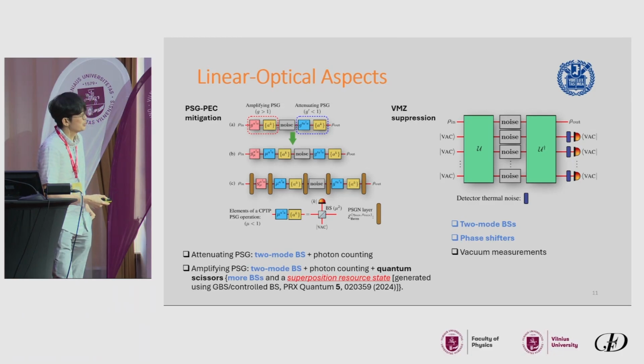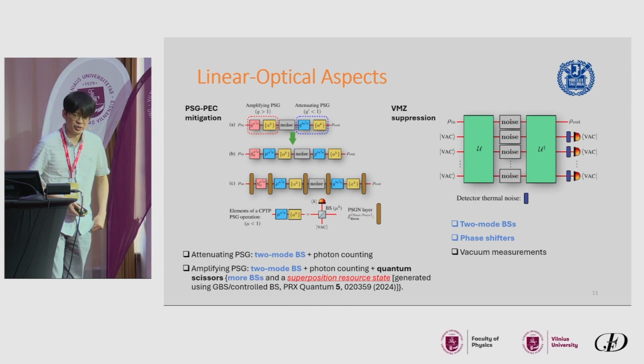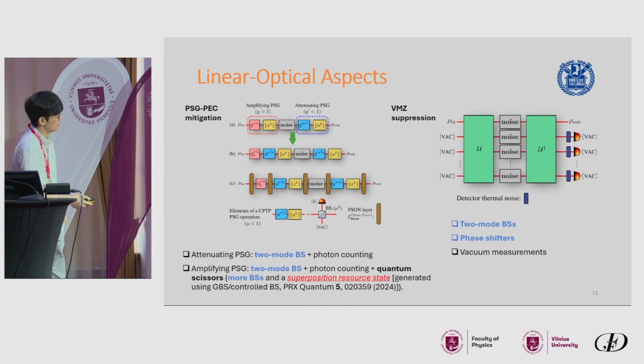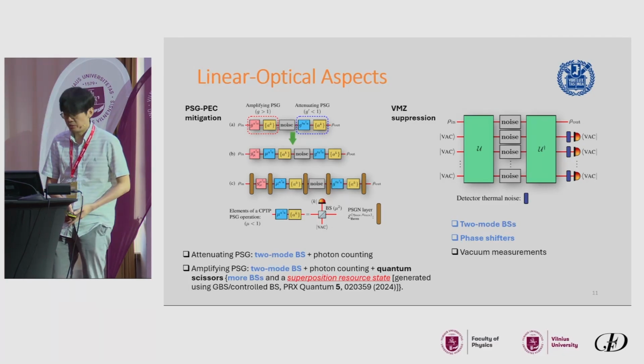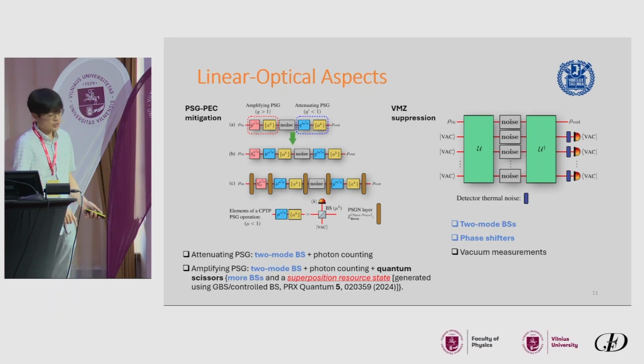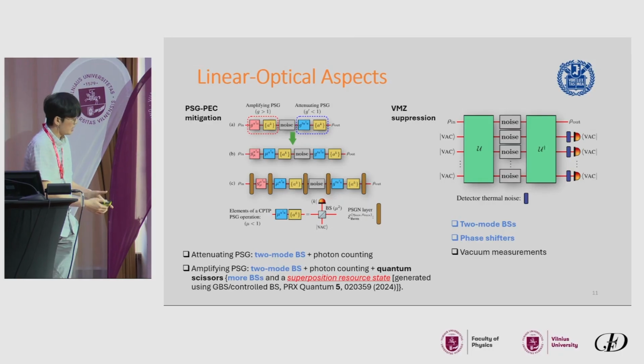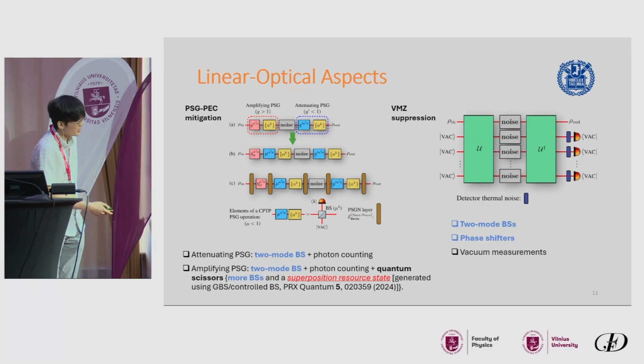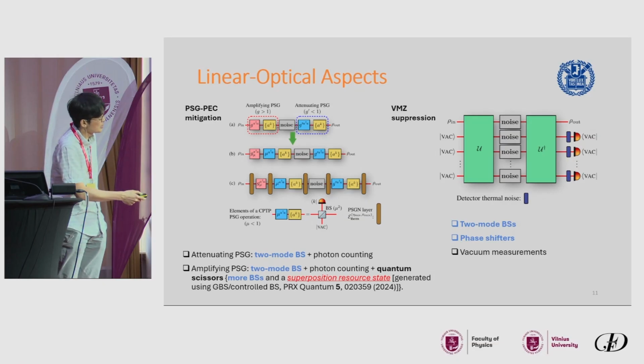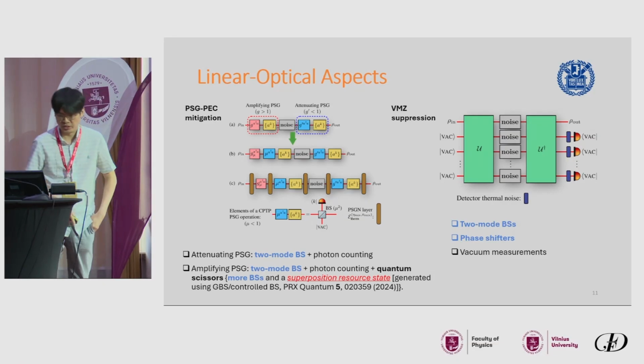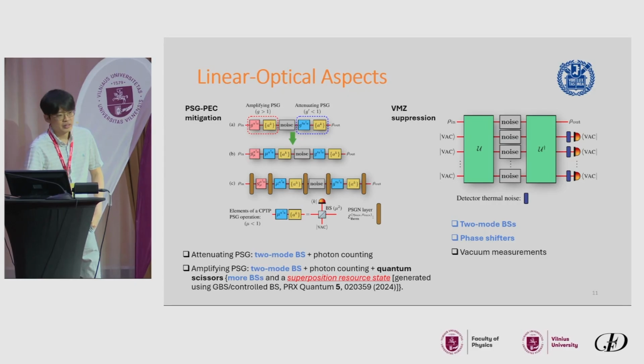And here we assume that the resource state is perfectly generated, and we account only for the errors coming from the photodetectors. So this is in some way slightly more nonlinear than we hope for, but for the VMZ suppression, it's mainly linear optical. The only elements that are nonlinear here are the vacuum measurements.